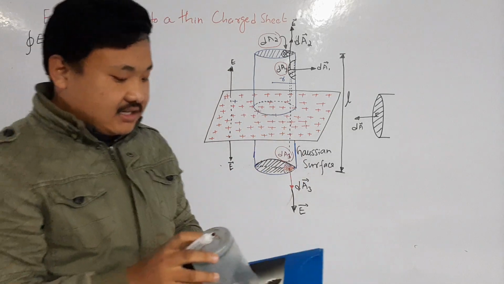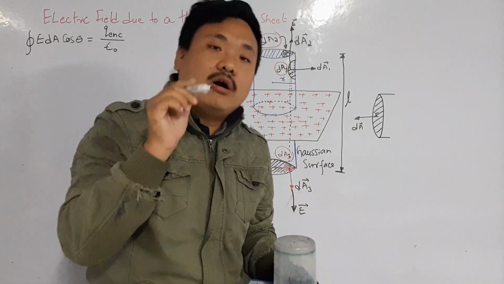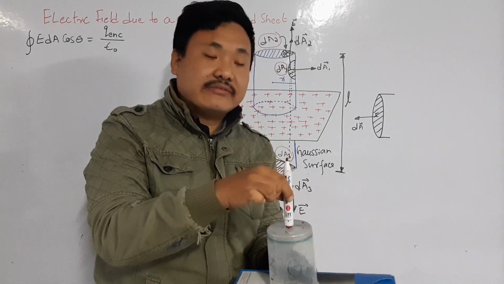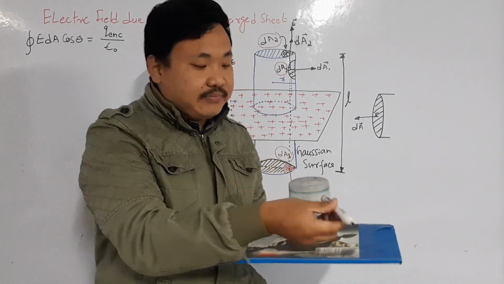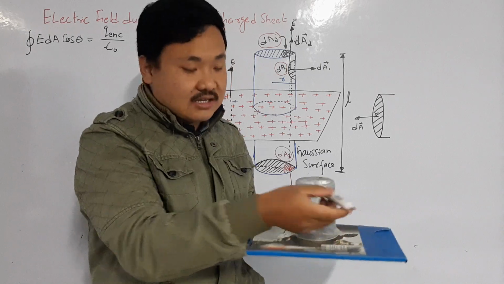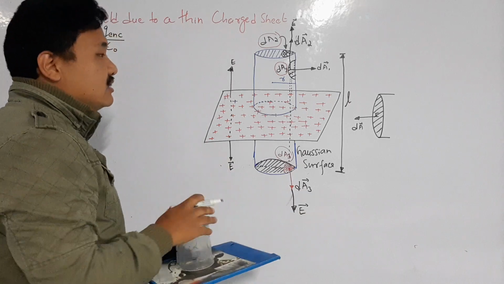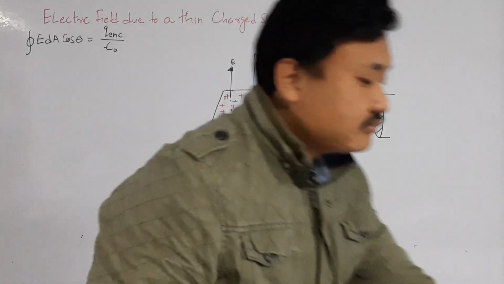And you know that the area vector is always perpendicular to the surface. From this surface the area vector is like this, from below it is like this, everywhere perpendicular to the surface.